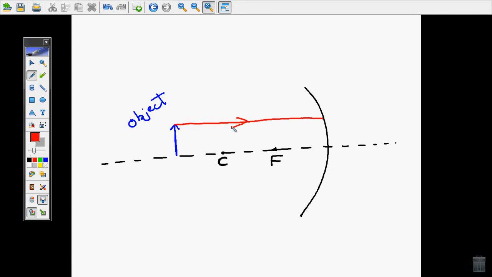And we know for a fact that light ray is going to go back through the focal point. Let me make that arrow a little bigger.